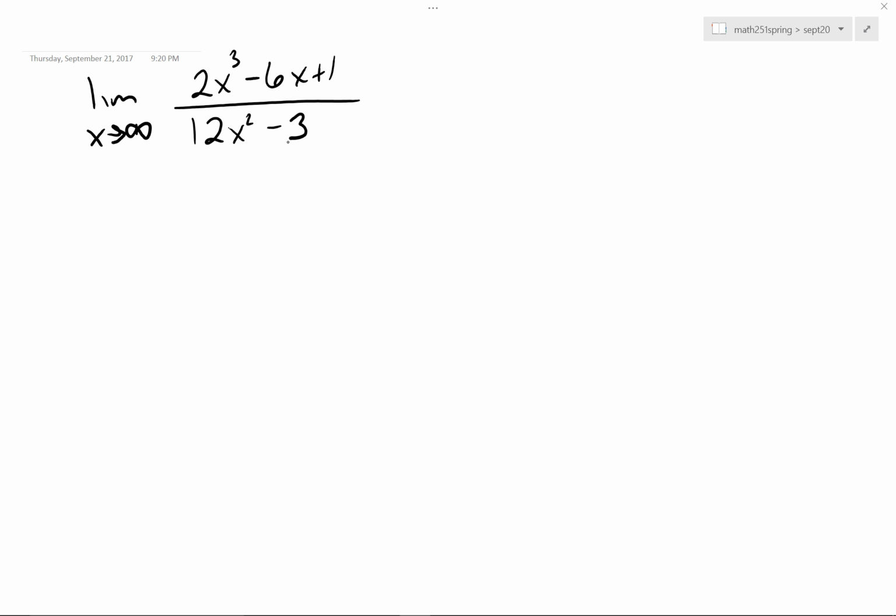However, an astute person realizes that the top is getting bigger faster than the bottom because it's a cubic instead of a square. Again, the rule is you divide through by the highest power of x in the denominator. So it's going to be 2x cubed over x squared.